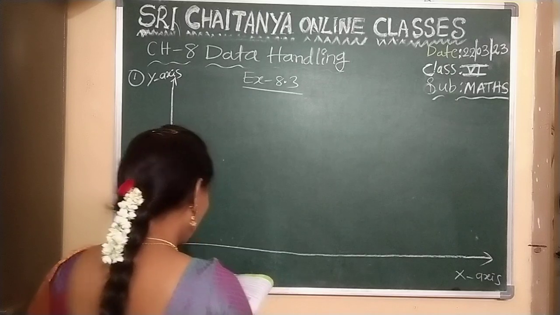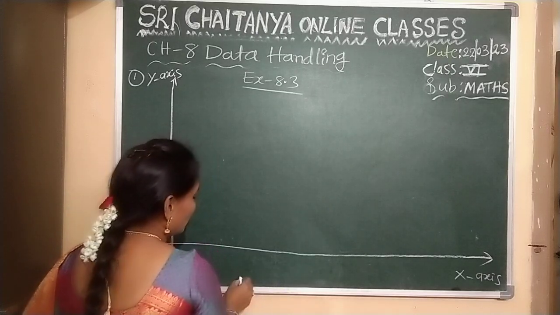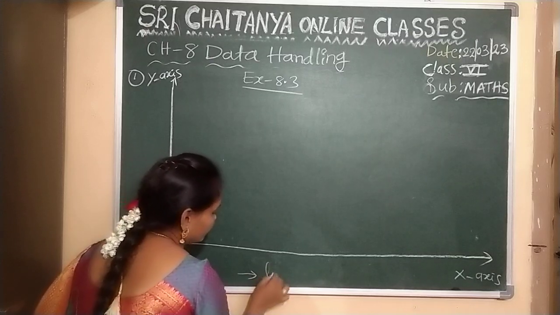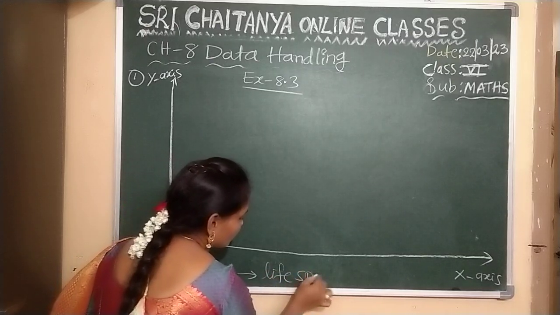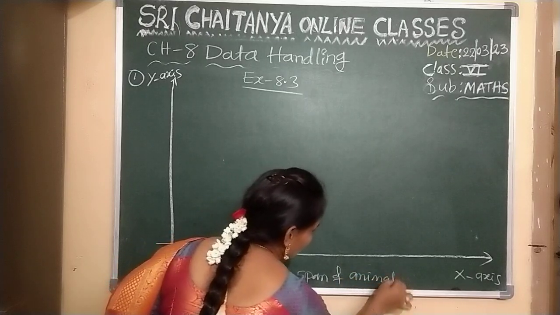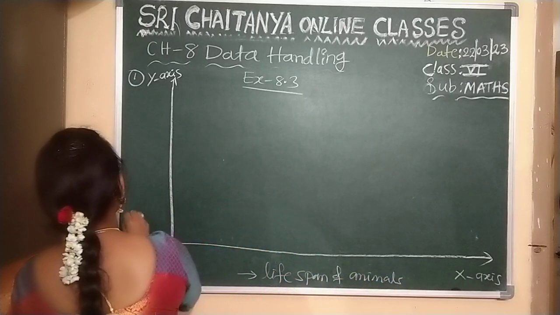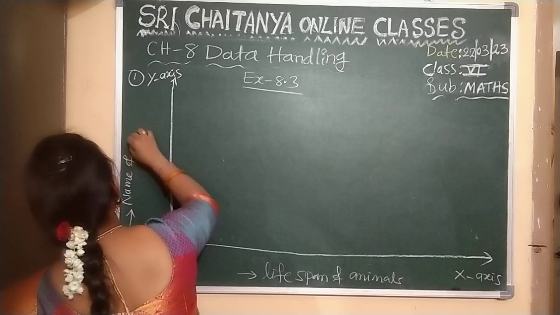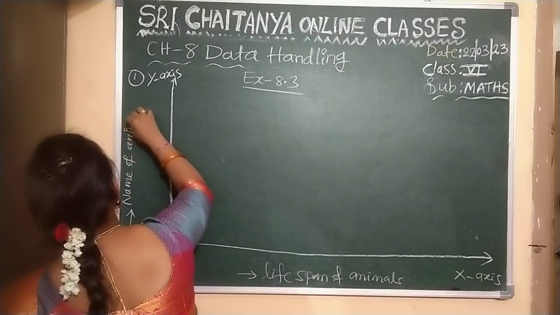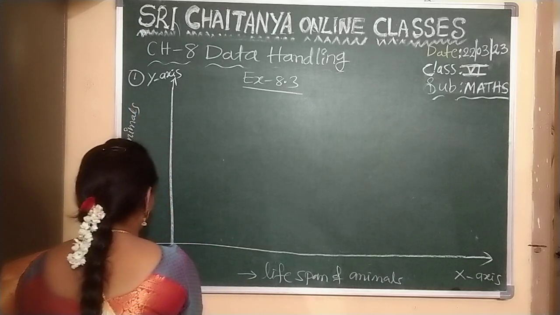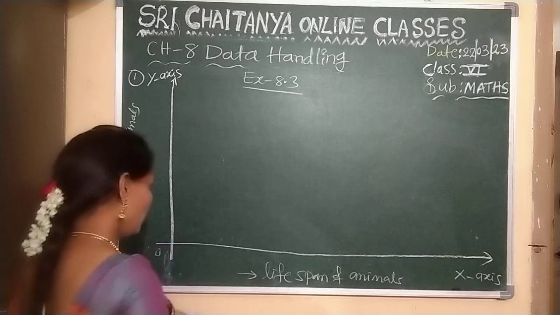Here on the x-axis we can take lifespan of animals. On the y-axis, name of the animals. Okay. Now this is the origin, 0.